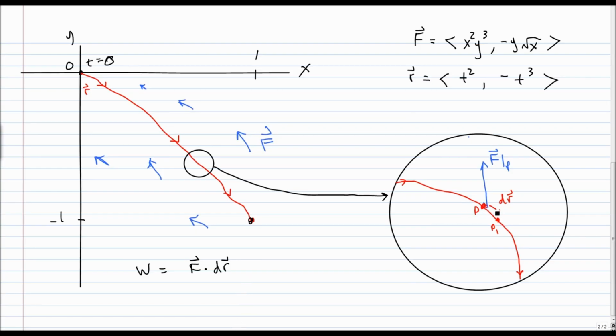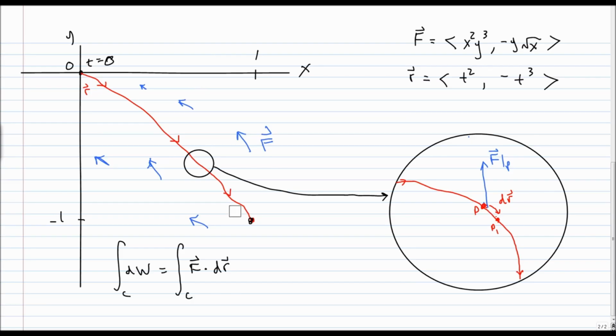So now, if we were to add up all of these, I guess this would be like a differential, all of these little differential work elements all along the length of this curve, right, which would be the integral of this dot product along this curve, then what do we get?